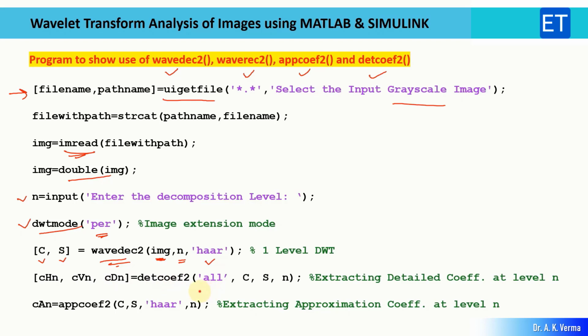So by this function, I am extracting at the last level. For example, if I give n equal to 3, then at the last level, that means at the third level, I will get all the horizontal, vertical and diagonal coefficients, right? So that will be CH3, CV3 and CD3. And I am also extracting the approximation coefficients at the same level n by this appcoef2 command.